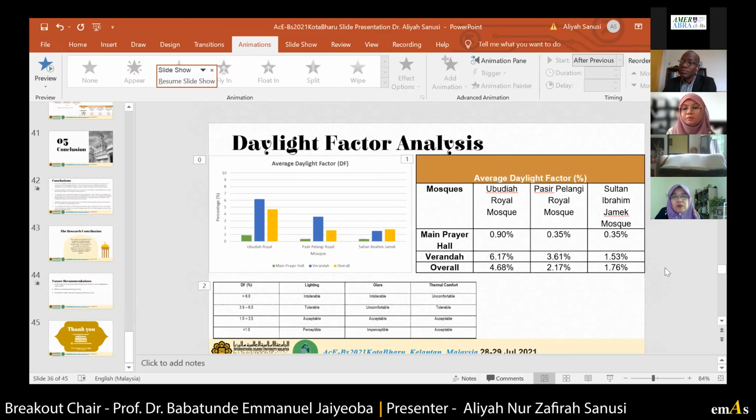At first glance, of course, you don't see the dome, and if you compare it to the vernacular mosque, it looks different. But if you go into the spaces, you actually find these elements and also how they penetrate the daylight. For example, the mosque in Putrajaya has the overspill area, and at the same time, they allow diffuse light into the spaces.